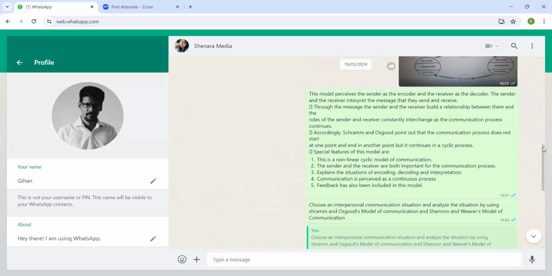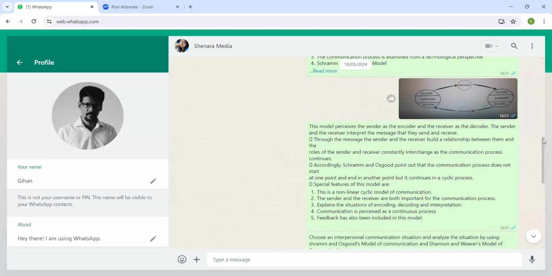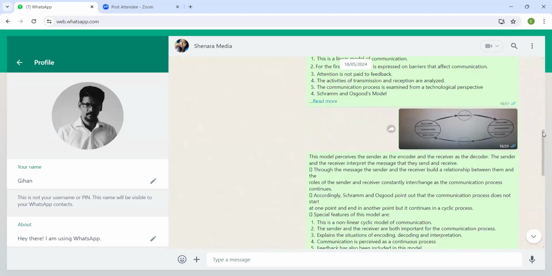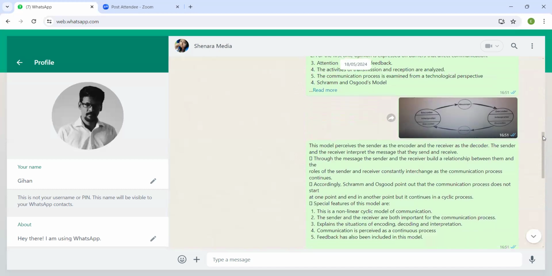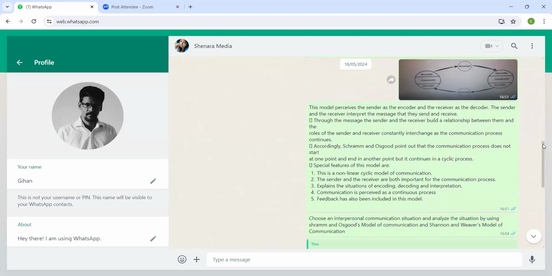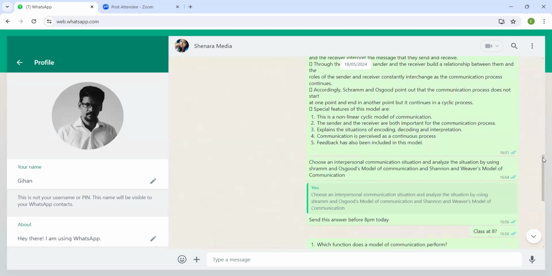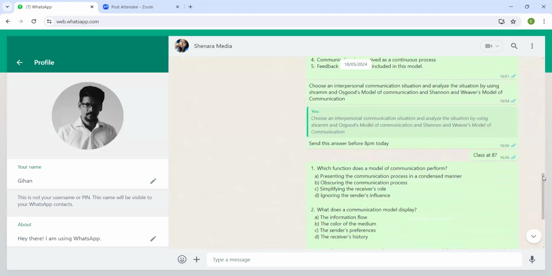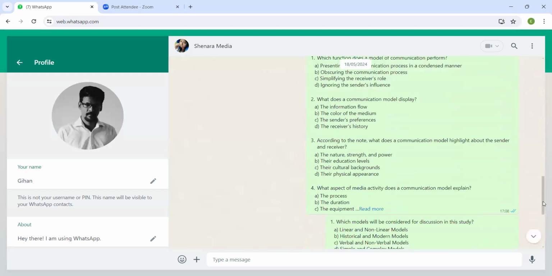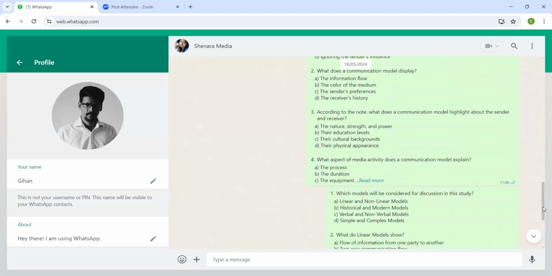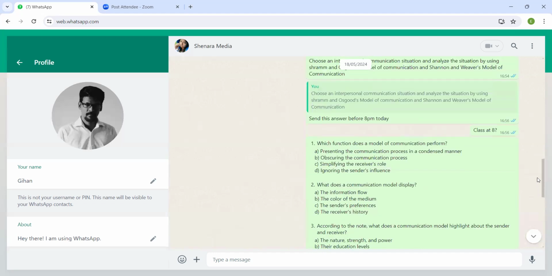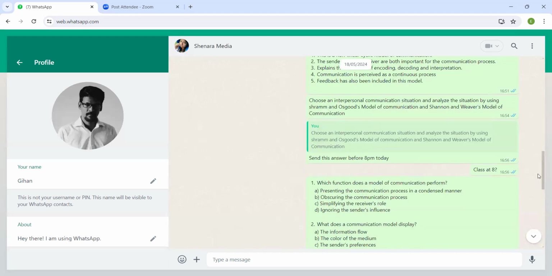Okay. The model was the Stasch-Osgood model, right? We are discussing questions from that model. The education level, this doesn't describe, right?